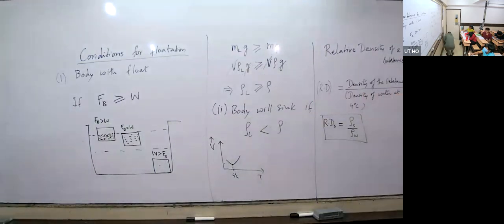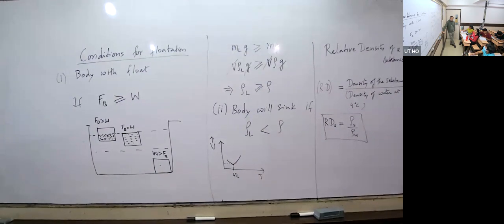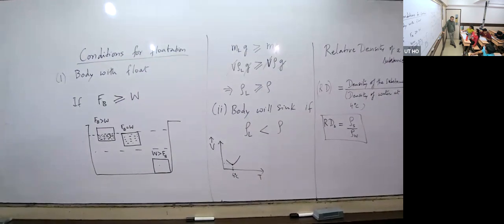So what did we learn today? We learned when we are going to float and when we are going to sink, basically Archimedes' principle. And we learned about relative density. So what is the significance of relative density?